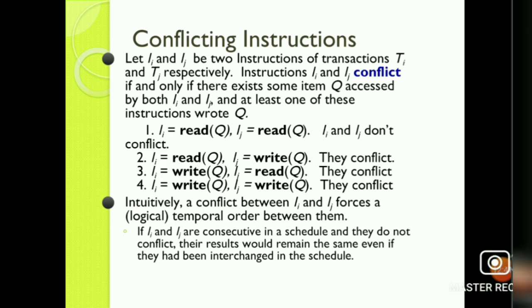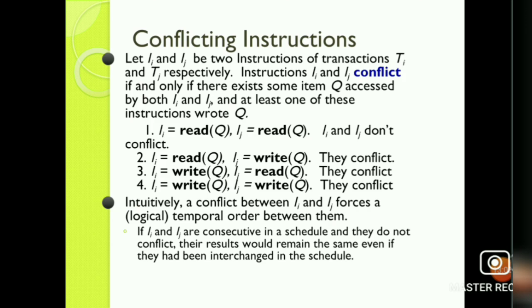But if one transaction is reading the data and another one is writing the data, that is called a conflict. For example, Ii is read of Q and Ij is write of Q. They conflict. Third, Ii is write of Q and Ij is read of Q. That will lead to conflict.